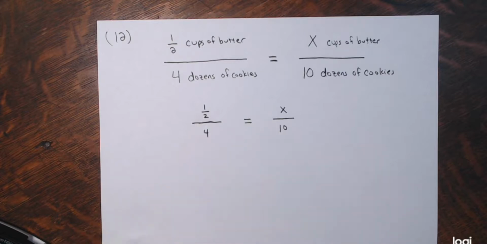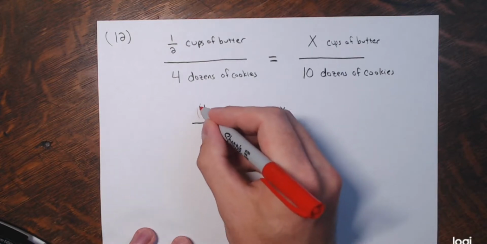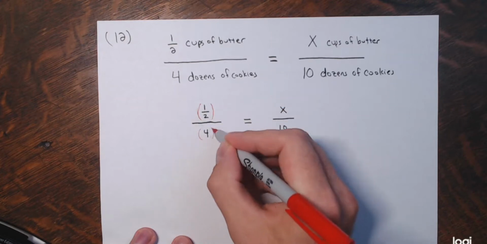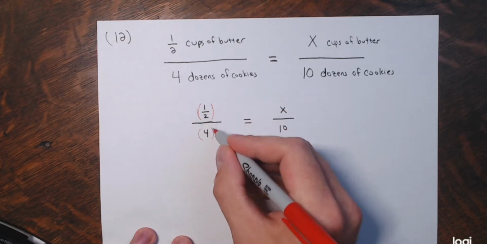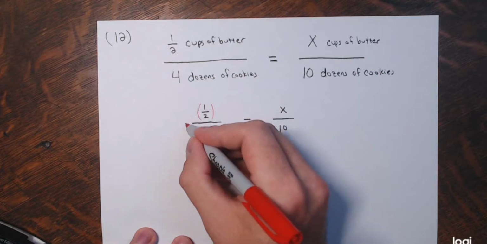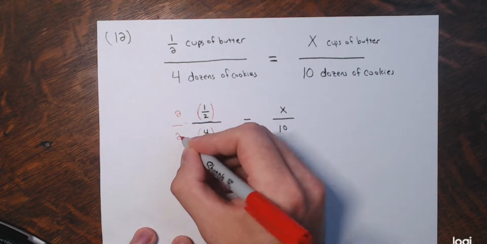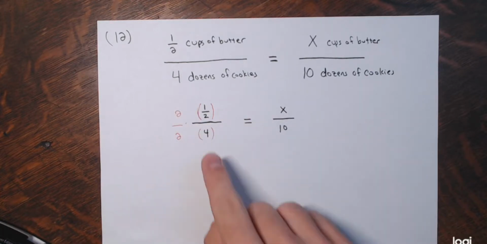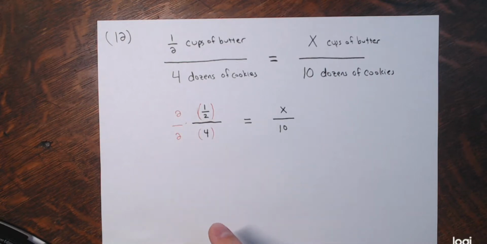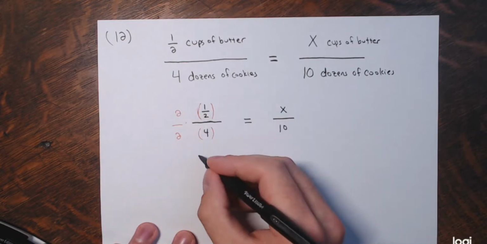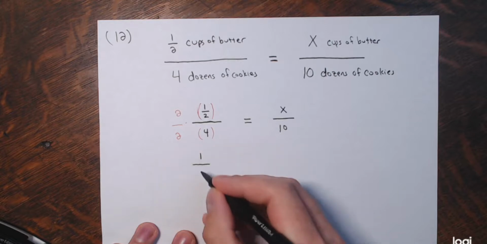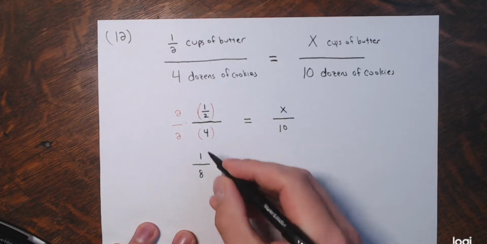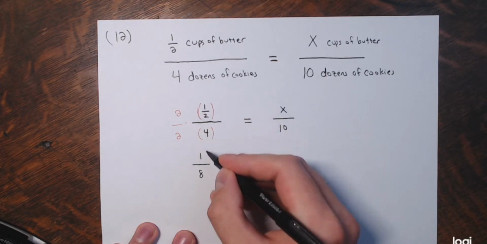Now remember, a quick way to simplify a complex fraction is to multiply the numerator, which is 1/2, and the denominator by the LCD. The only denominator showing up within the fraction is 2. So if I multiply the numerator by 2 and the denominator by 2, that should cancel that. 2 times 1/2 is just 1, and 2 times 4 is 8. So 1/2 divided by 4 is 1/8.